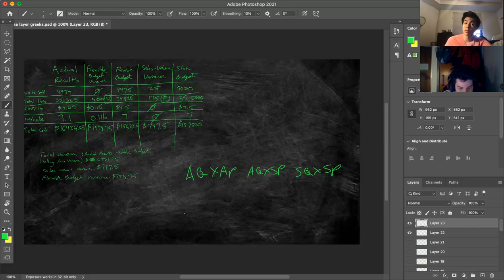Oh, so is this the cost per pound? Well, this is actual quantity. Oh, okay. Actual quantity, so total pounds. Yeah, so it'd be 35,325.